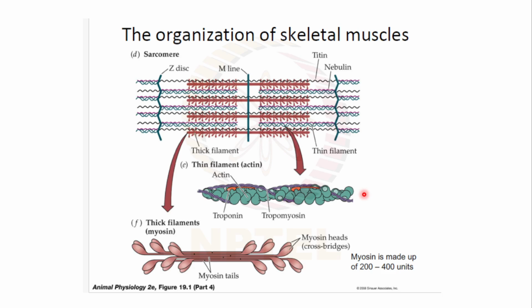So the organization, as I told you earlier: this is the myosin filament, this is the actin filament, and this protein running the whole length of a sarcomere is titin.